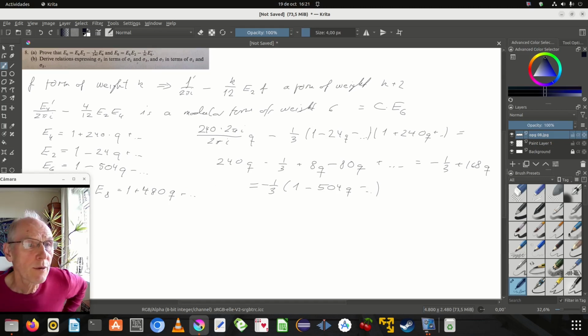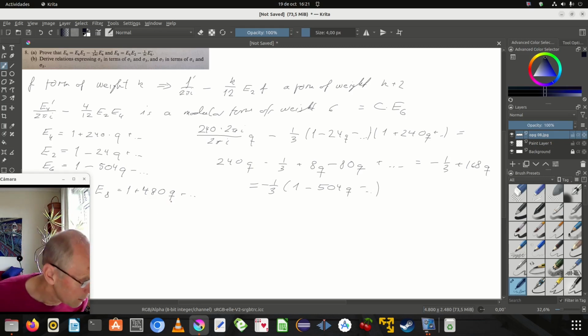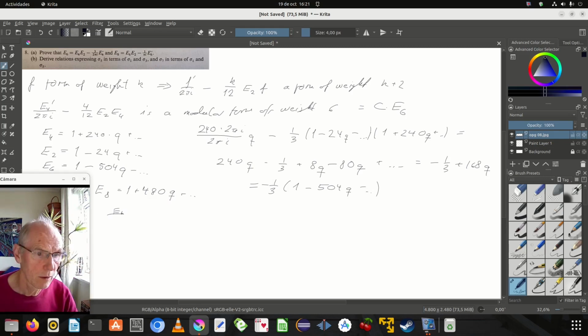Now we apply the same formula to E6. The derivative of E6 divided by 2 pi i, minus 1/2 E2 times E6.